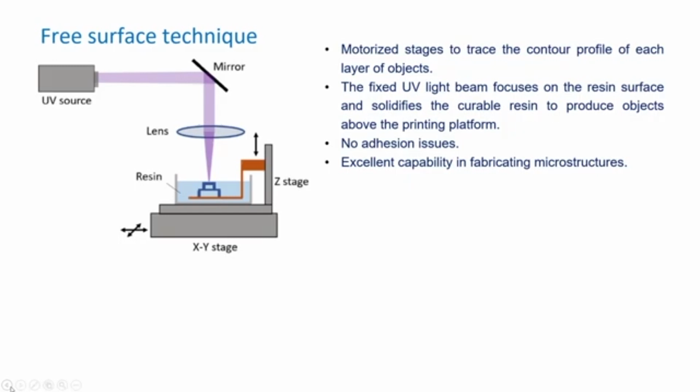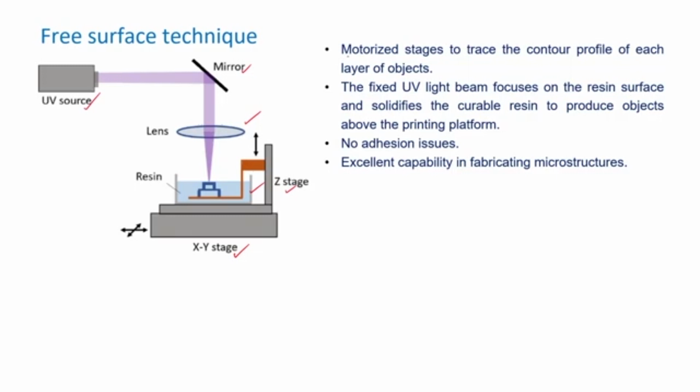Here we have the XY stage along with the Z stage, the same work elements: the container, resin, then a focusing lens, the bending mirror and the UV source. But you notice here we do not have the glass arrangement which was constraining the surface from getting spread by the liquid resin.